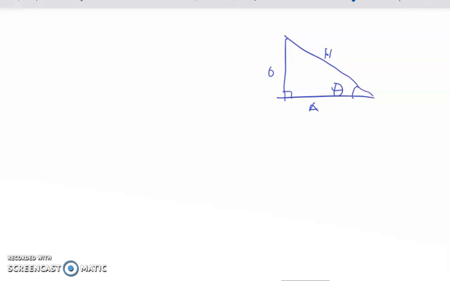We have learned from my previous method that we simplify this trigonometry into SOH, CAH, and TOA. So what does it mean? Sine theta is equal to opposite over hypotenuse. Meanwhile, cos theta is adjacent over hypotenuse.